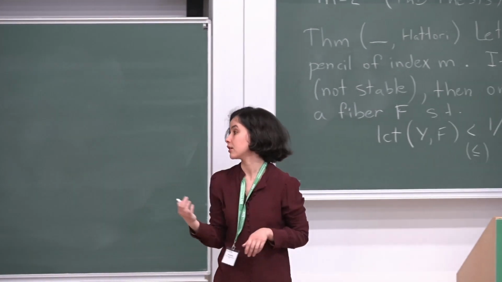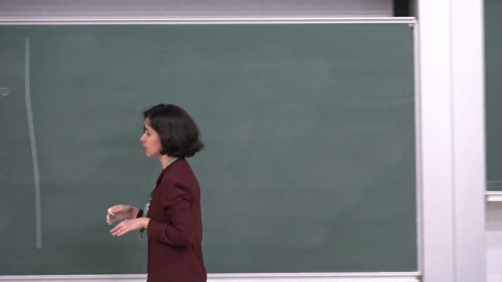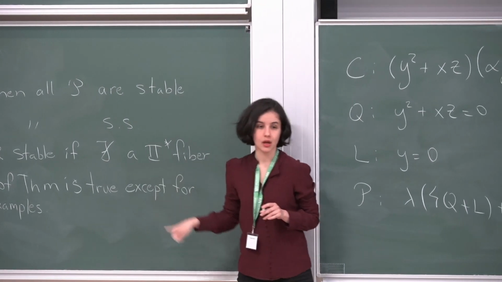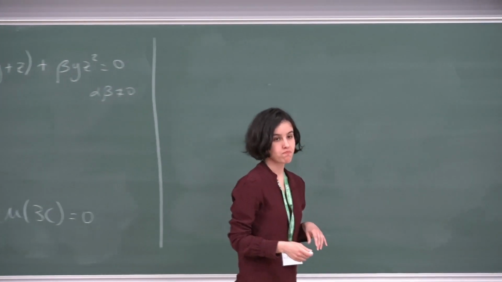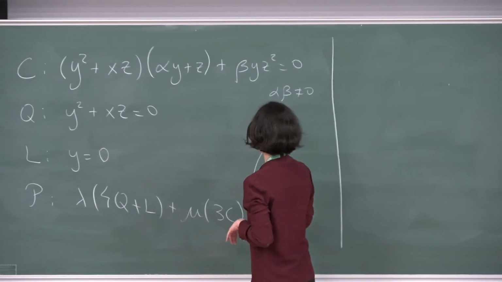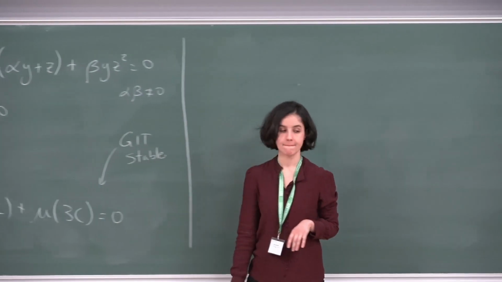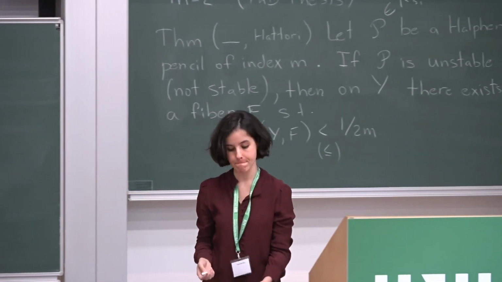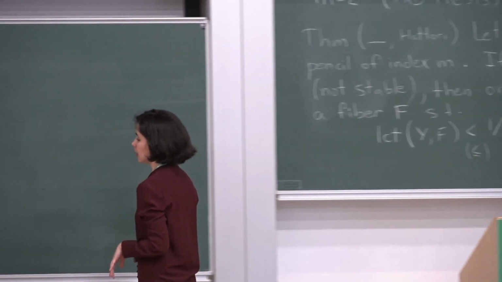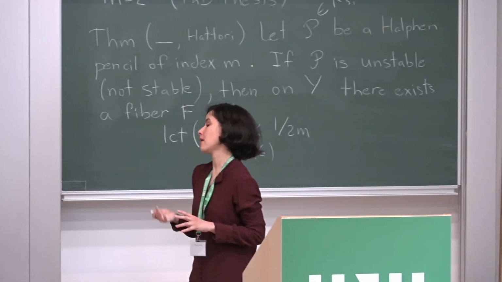So you are going to get a surface that has a fiber of type 2 star, but the pencil is stable. So this is GIT stable. This is the unique family of counterexamples to the converse of the theorem when m equals 3.